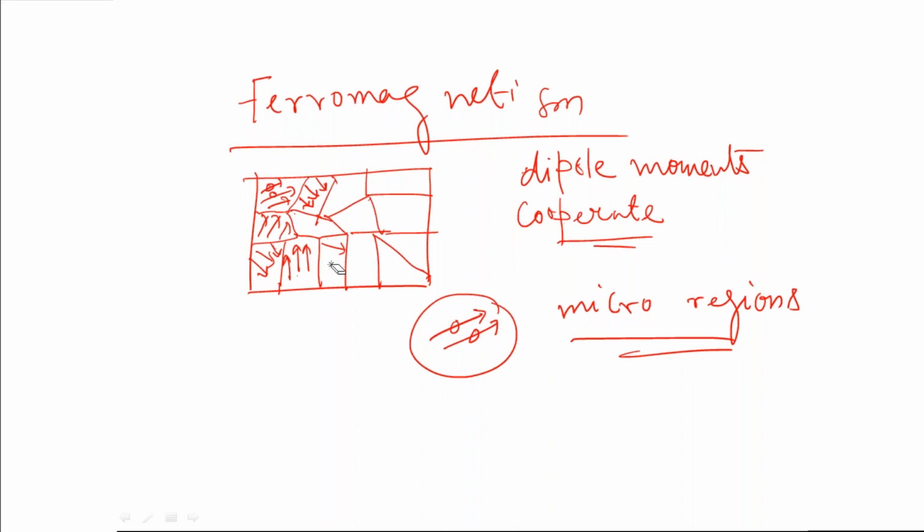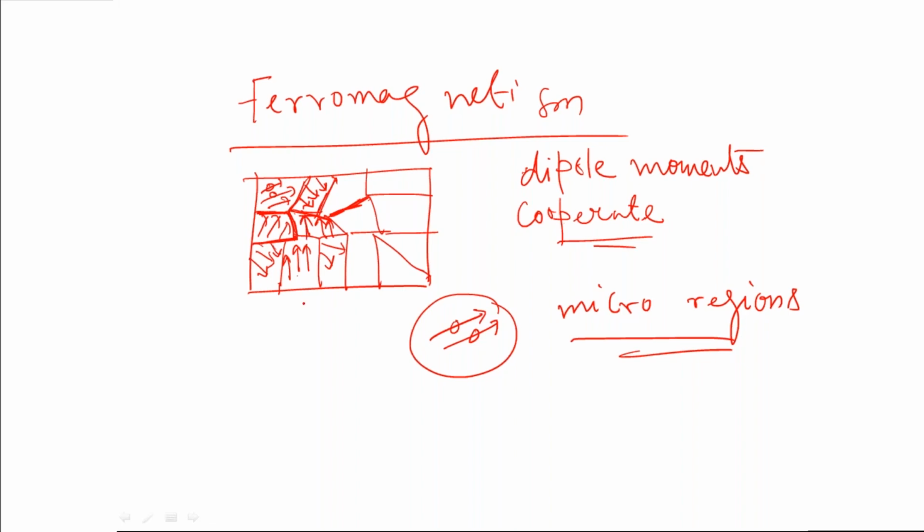So ferromagnetic materials have magnetic domains. These small regions are called magnetic domains. And the wall or separation between two domains is called the domain wall. See this one, this is called the domain wall.